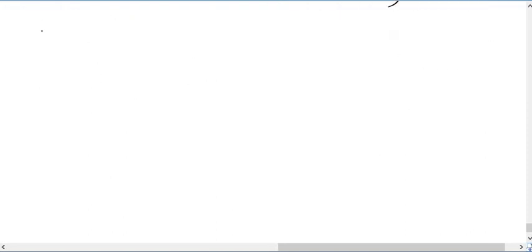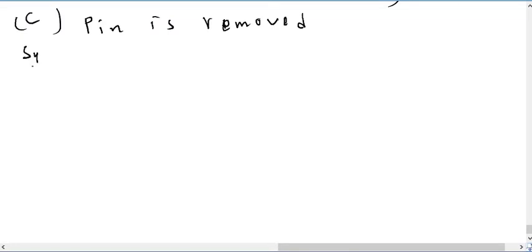Now C. Now the pin is removed. So now we apply first law of thermodynamics. So now what is the system? Our system, we take the gas and the piston to be our system.